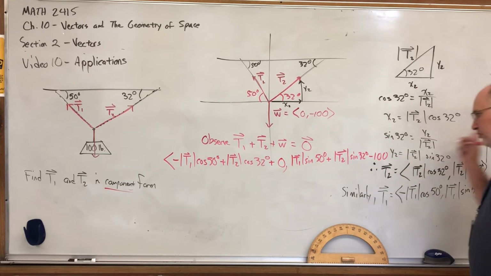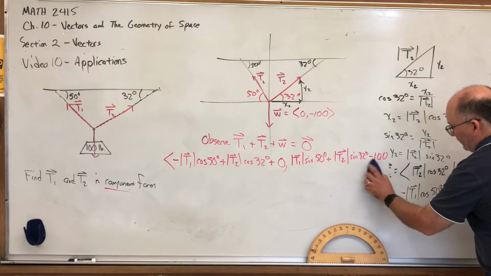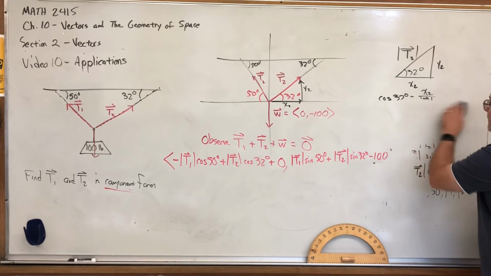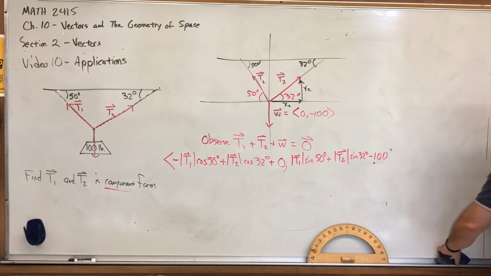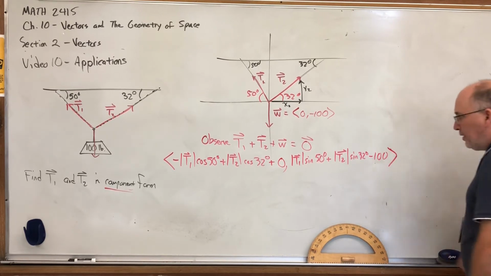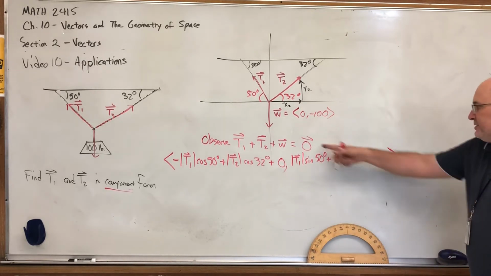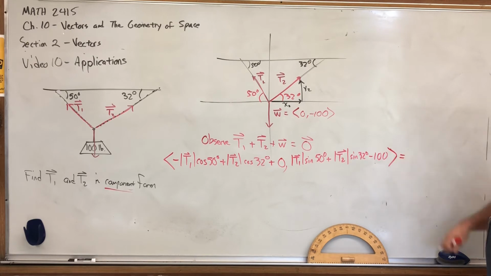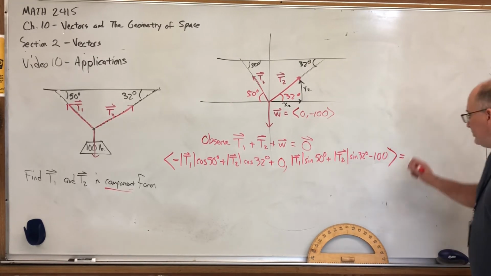And as much as I hate to erase this stuff over here, it's kind of in the way, it's got to go. So this component-wise represents the sum of t1 plus t2 plus w, and it's supposed to be equal to the 0 vector, and although I don't think we ever said it, the components of the 0 vector are all zeros.